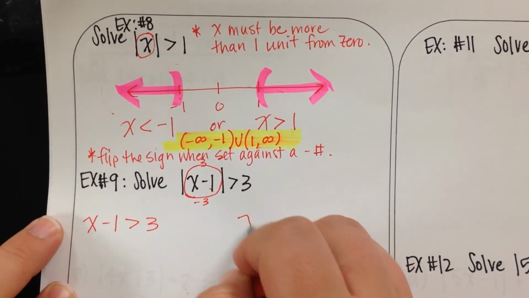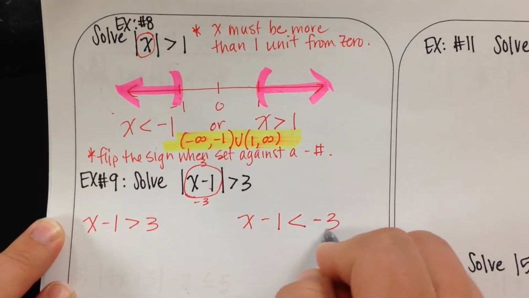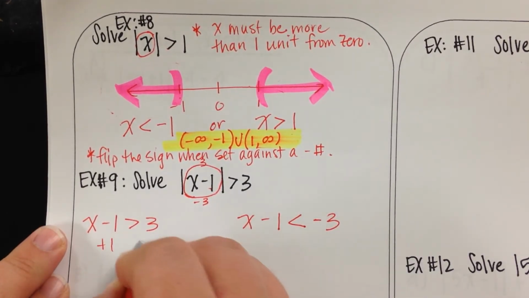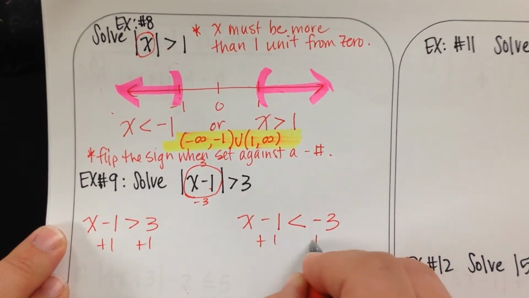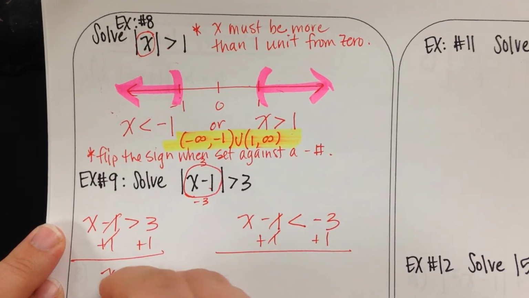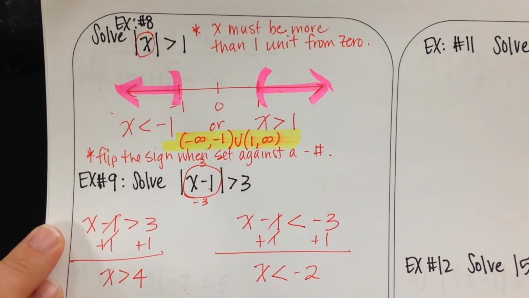When we write our second inequality, we flip the sign and set it against the negative version. Other than that, it's the only thing that's different from solving equations. Add 1 to each side. X is greater than 4. X is less than negative 2.